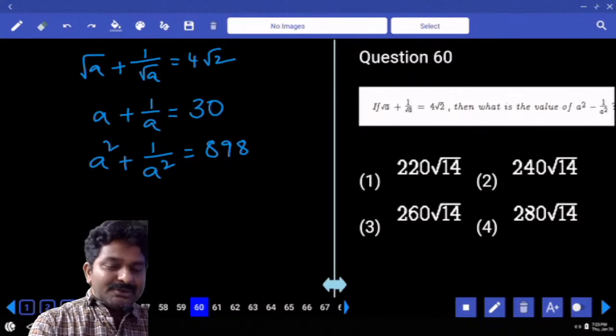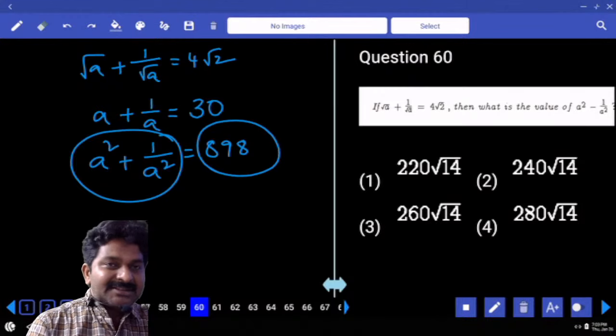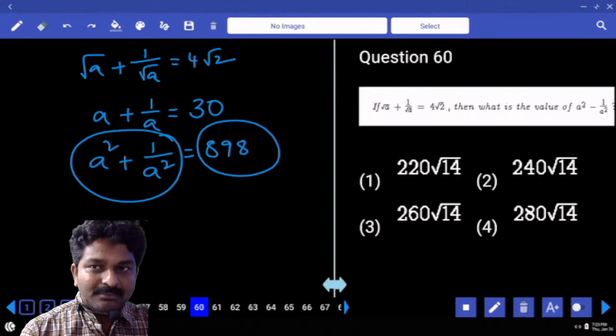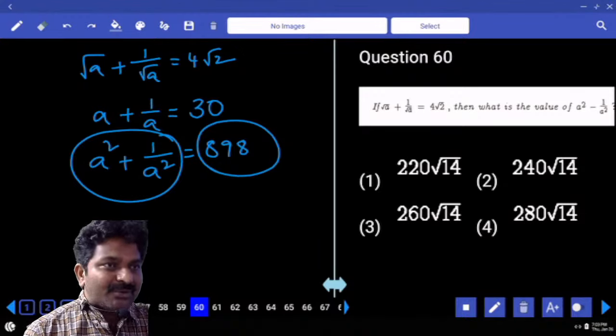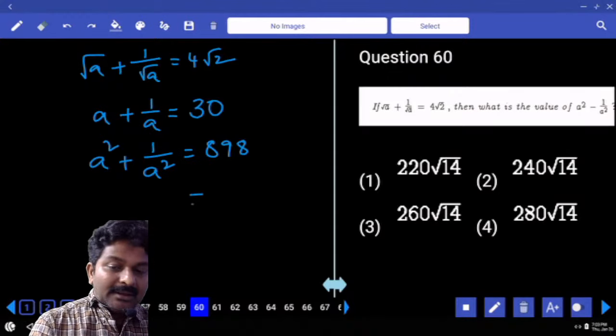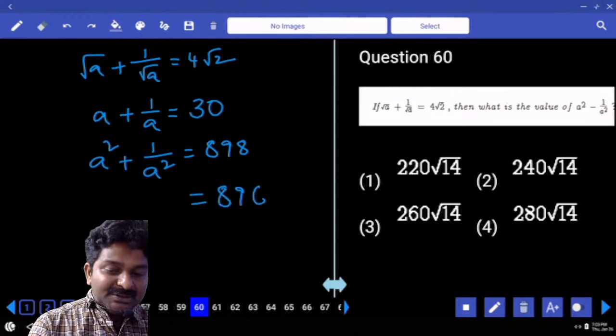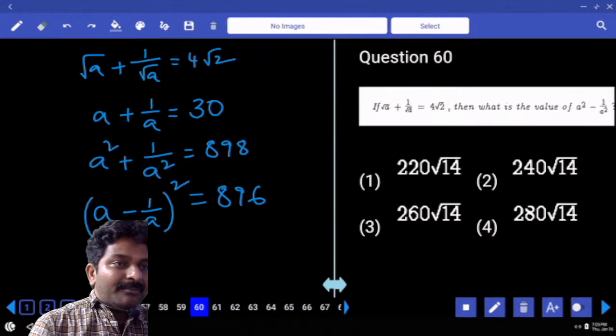So now, on the left hand side and right hand side, I will subtract 2. Then it becomes a square plus 1 by a square minus 2 is equal to 896.